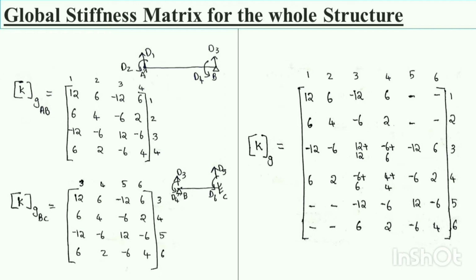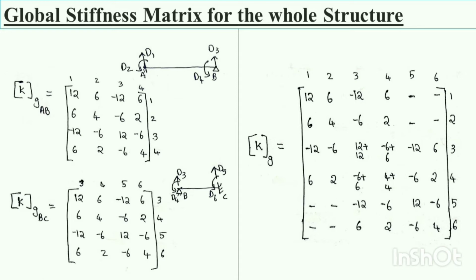That is also available in KGAB, which is minus 6. Next is the element 3, 3, that is third row, third column, which is available both in KGAB and KGBC. In KGAB, the element 3, 3 is 12, and in KGBC, the element 3, 3 is 12.